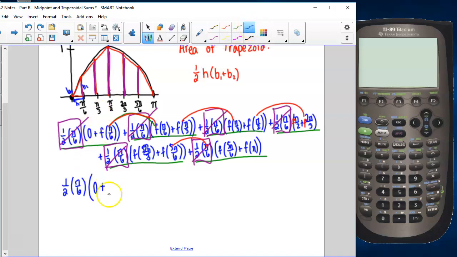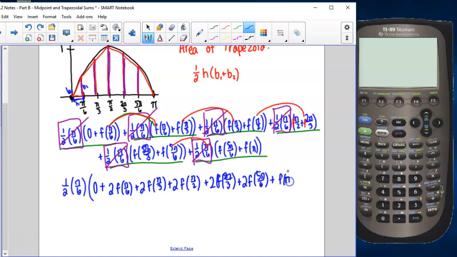So we can do this. F of 0 plus 2 times f of pi over 6 plus 2 times f of pi over 3 plus 2 times f of pi over 2 plus 2 times f of 2 pi over 3 plus 2 times f of 5 pi over 6 plus just f of pi.